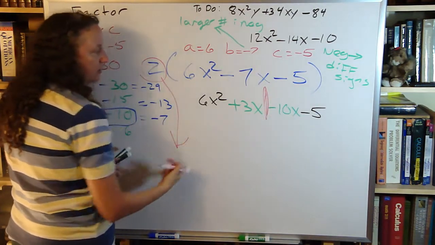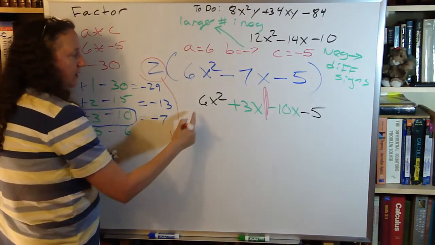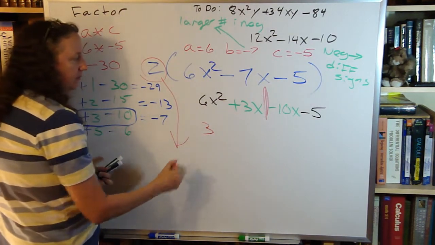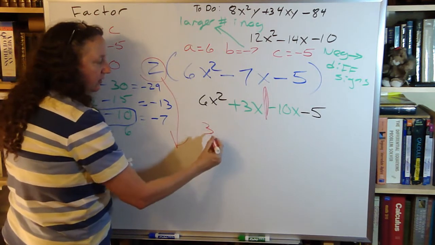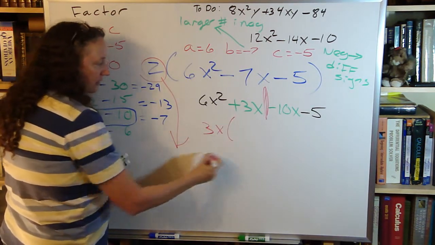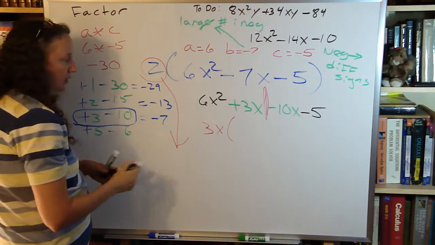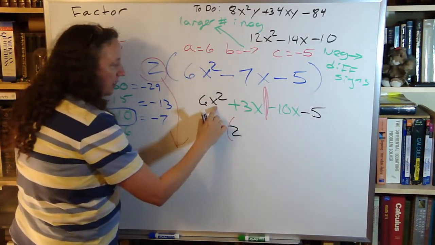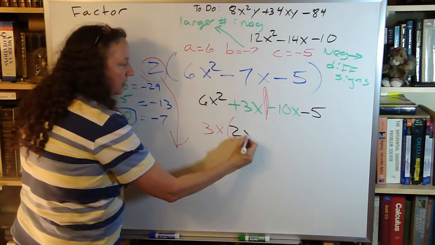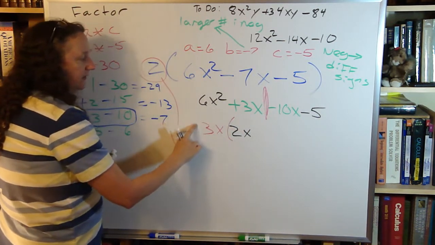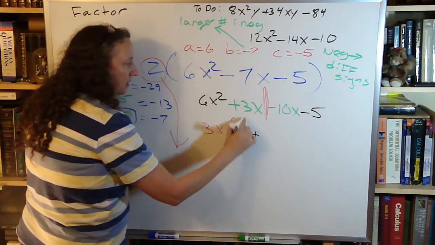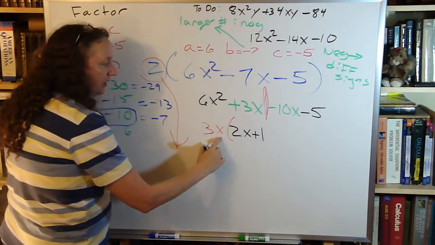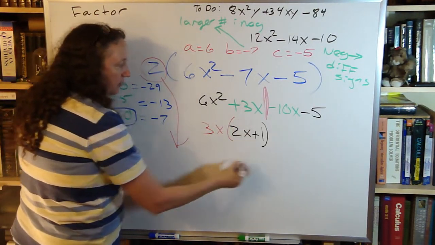What can I factor out over here? 6 and 3, I can factor a 3 out. X squared, x, I can factor an x out. What am I left with? 6 divided by 3 is 2. X squared divided by x is x. Positive divided by positive is plus. 3 divided by 3 is 1. X divided by x is also 1. Reach the end there.